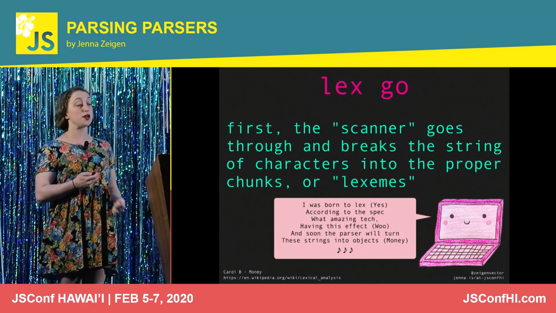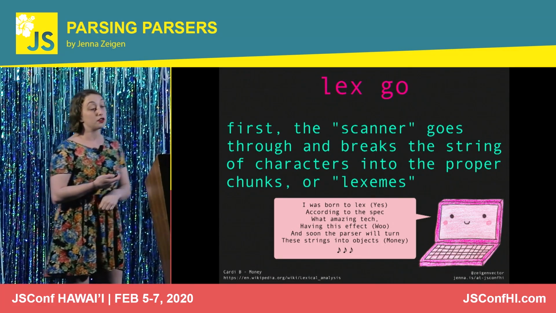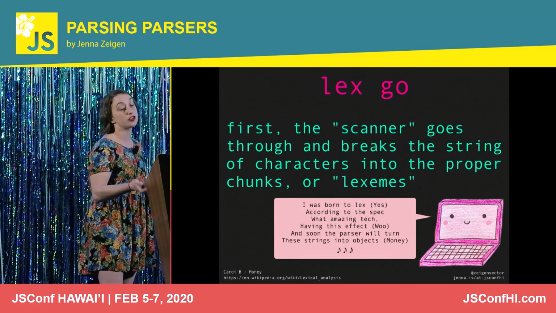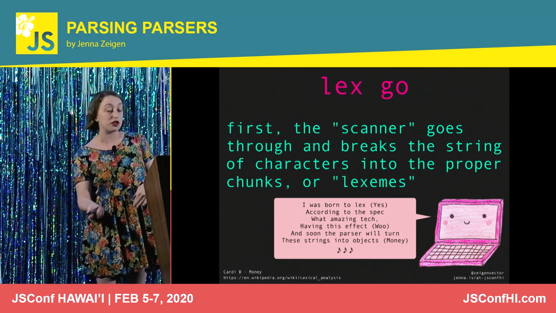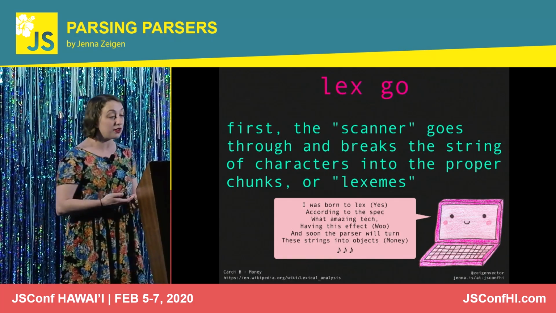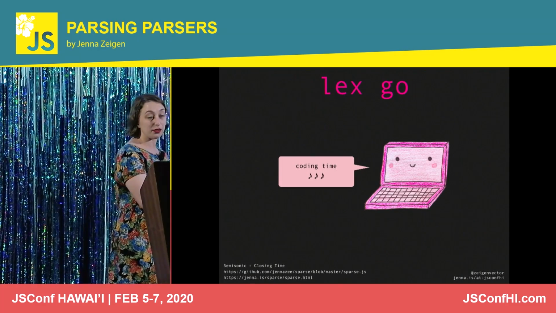So it's going to go through and break the string of characters into the proper chunks, which are called lexemes. And these lexemes are the words in the language. They can be keywords, literals, like a number or a string, punctuation, etc. And this process is often accomplished by using regular expressions. So let's dig into some code.